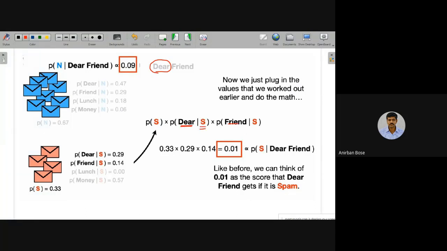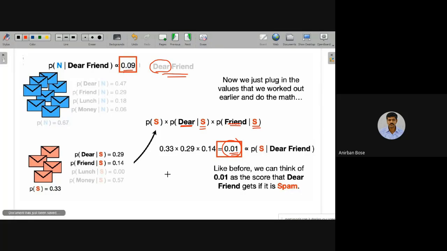What is the probability of "friend" if it is a spam? And if you multiply all these things, you will get the score that "dear friend" will be there if it is a spam message. And the score that you are getting is 0.01. And in case it is a normal message, the score was 0.09.